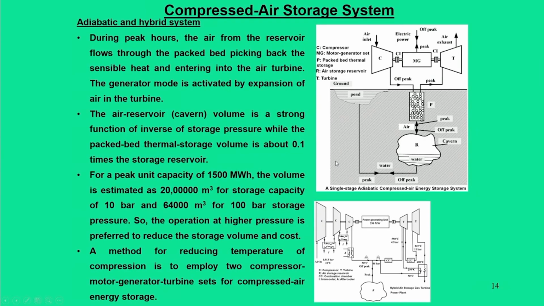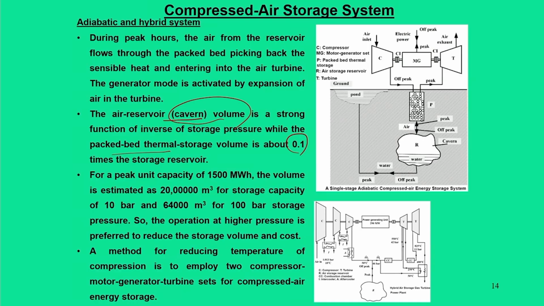Now, if you look at a typical workable model for a hybrid adiabatic system, one can say that the cavern size, or the storage volume, is the first thing we need to quantify. Based on the cavern volume, the size of the packed bed thermal storage will be 10% of that value.